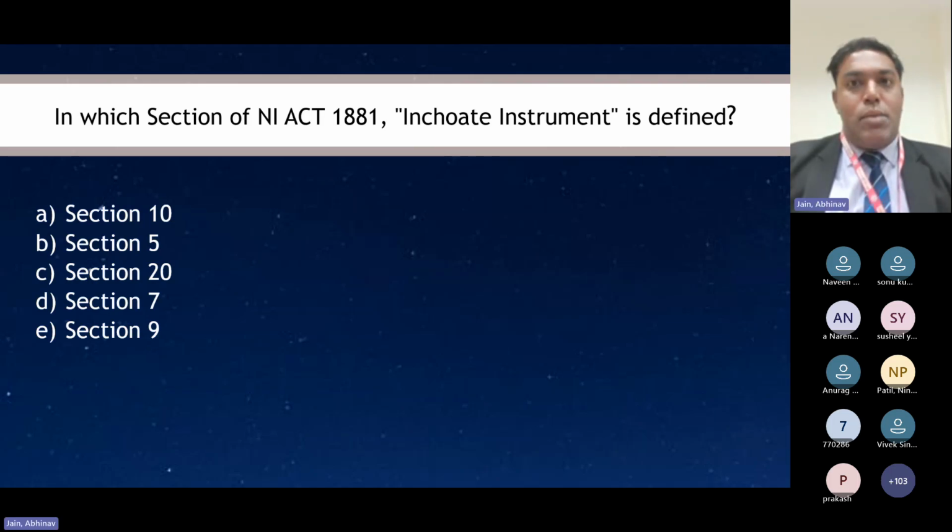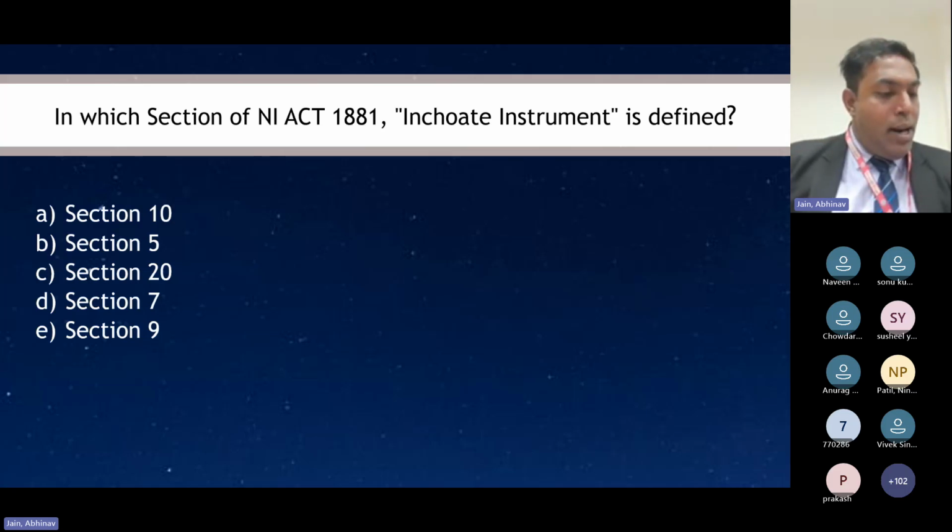First of all, let me explain what an inchoate instrument is. It is basically an incomplete instrument, or some information is missing from that particular instrument. It is defined as an inchoate instrument. So I presume most of you might have responded. What is the correct answer as per you? Please do respond.